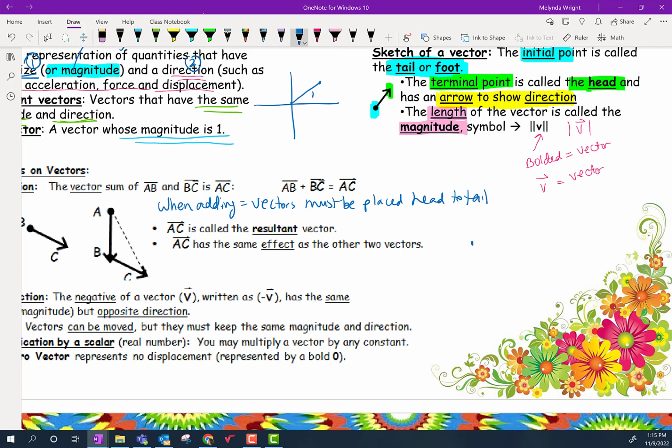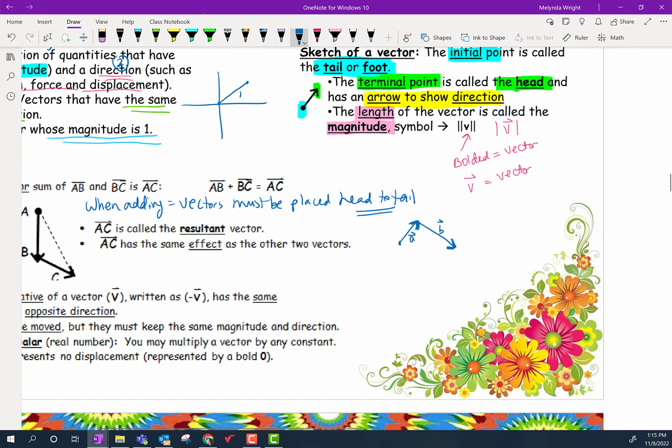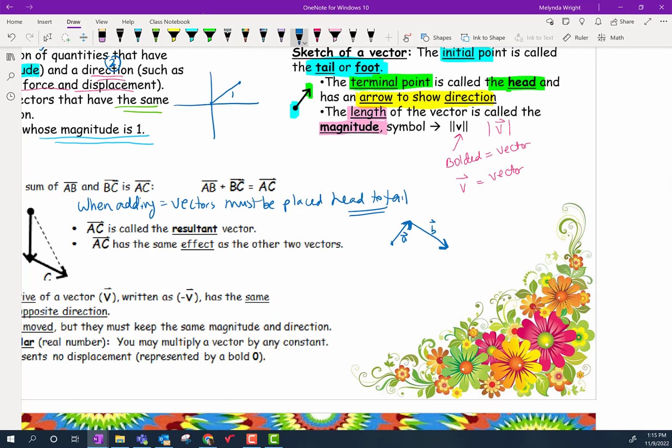If I am looking at this vector, we'll call this vector A, and I'm adding vector B to it, they would have to be oriented like this. The ending of vector A would have to be the beginning of vector B. That's what it means by head to tail. Those vectors we can add. We cannot add tail to tail vectors.